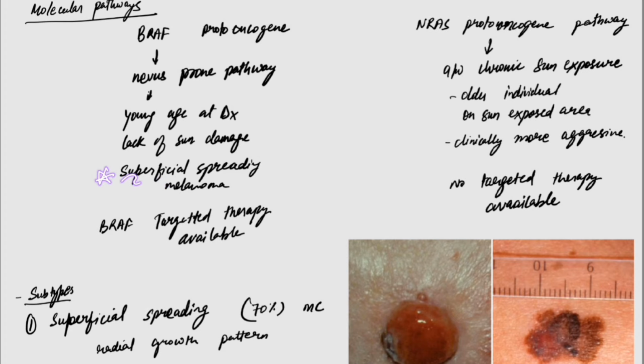The lesion is superficial spreading melanoma. Here, BRAF targeted therapies are available. The other pathway is the NRAS pathway, which is associated with chronic sun exposure. It occurs in older individuals on sun exposed areas. Clinically, these lesions are more aggressive and there is no targeted therapy available.